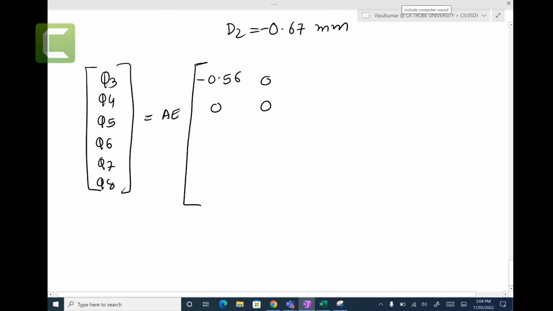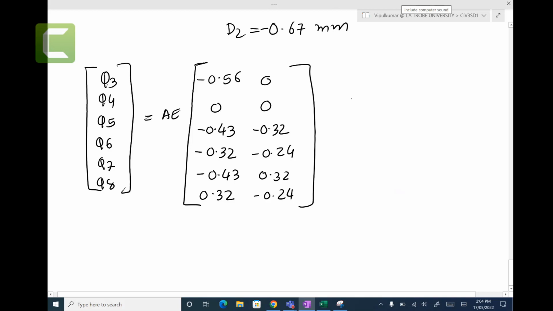Now can you say a column first? Negative 0.32, negative 0.4, 0.32. Next one, negative 0.32, 0.2, negative 0.2, negative 0.43.